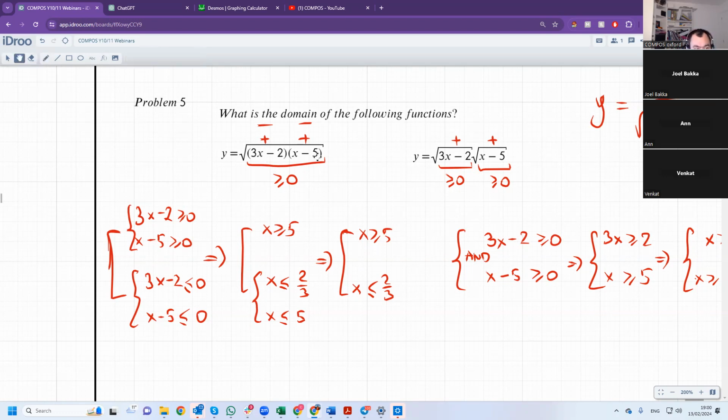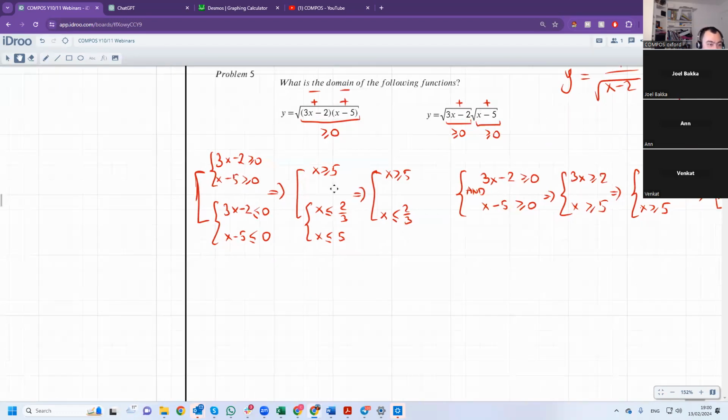Both brackets have to be positive, or both of them have to be negative. And therefore, the domain of this function is x is greater or equal to 5, or x is less than or equal to 2/3.